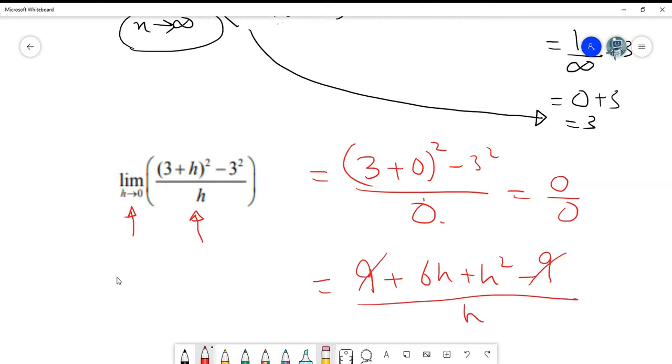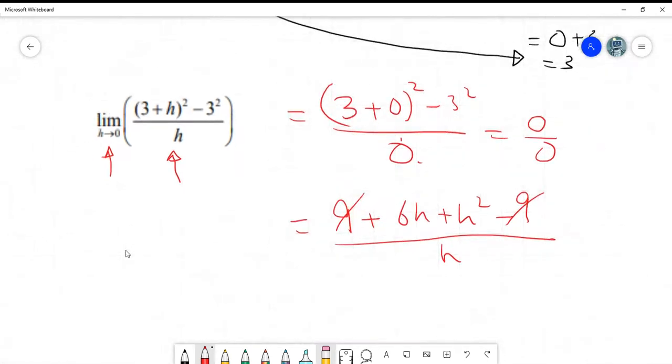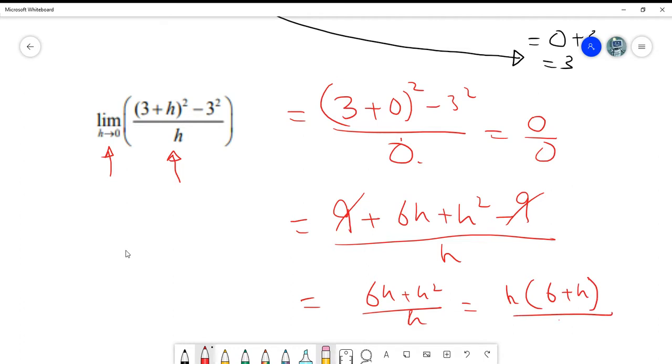Now 9 and 9 can cancel, which then gives me 6h plus h squared over h. Now I can take h common, which gives me (6 plus h) times h over h. h and h cancel. Now I can use h equals 0, which was the limit given, leaving me with 6 as the answer.